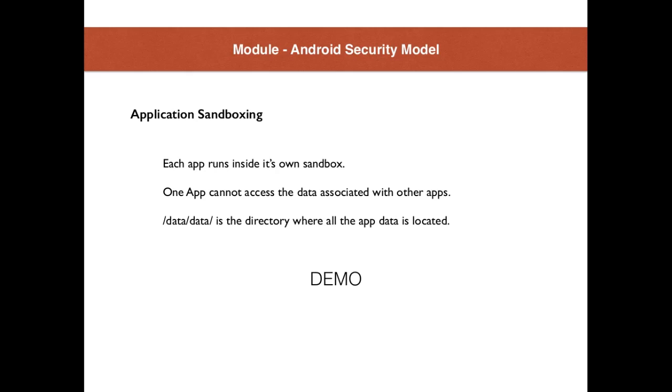There are other scenarios where, if the application is vulnerable to some kind of attacks, it's possible. We'll see them in the next couple of modules. By default, one application cannot access the data of other applications. Now let's see how it is done in Android.